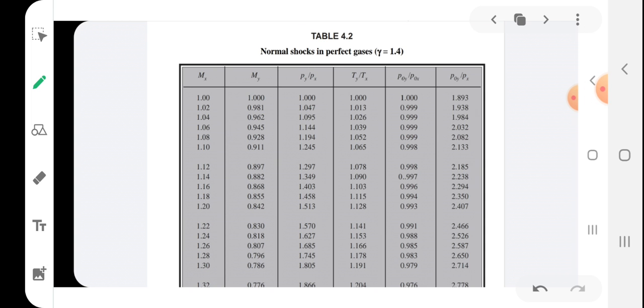The upstream Mach number is around 1.14. Corresponding to 1.14, the downstream Mach number is already available in the table, 0.882. So M2 is obtained as 0.882.